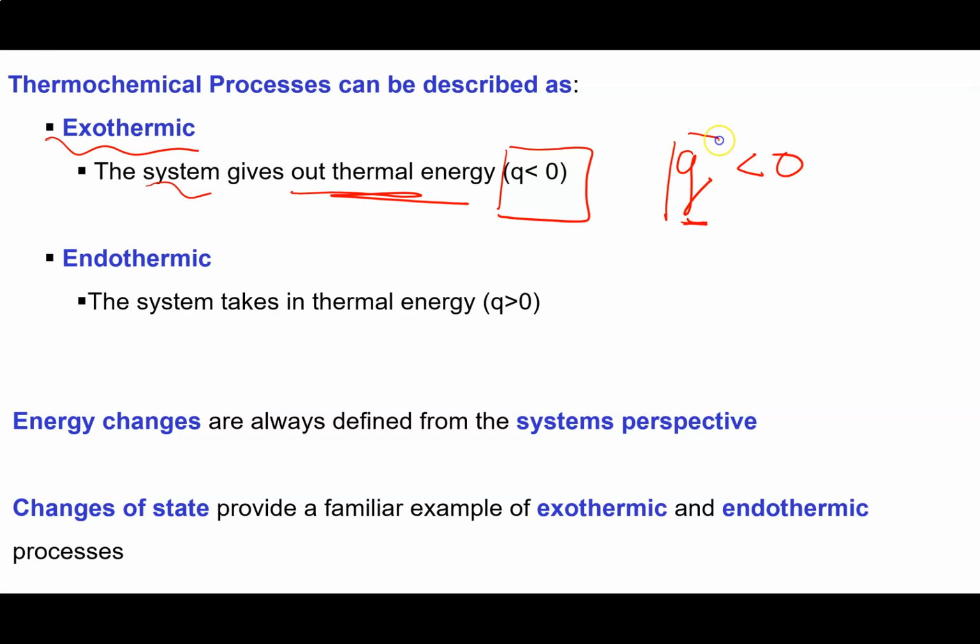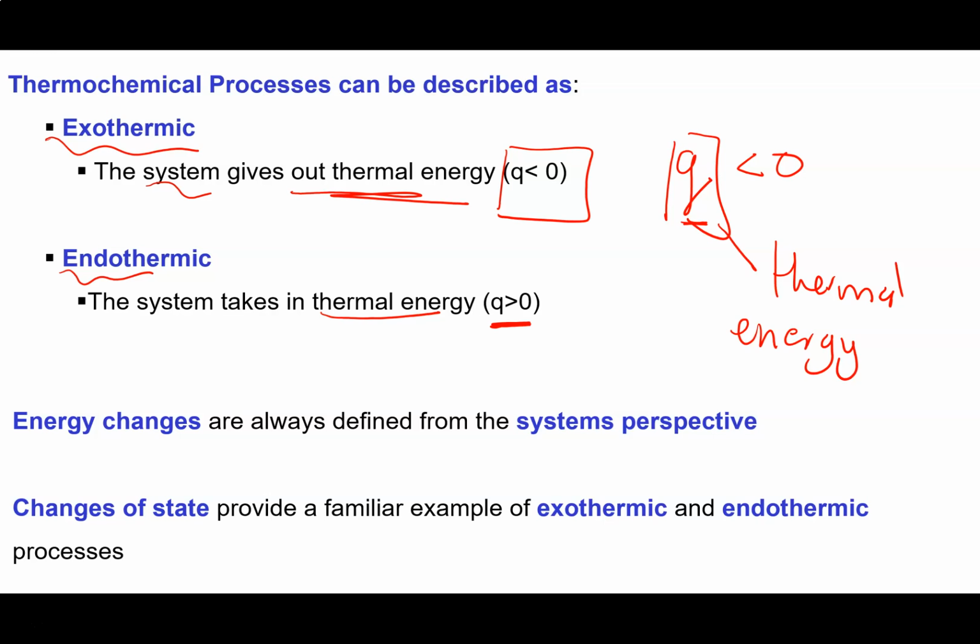We use Q to indicate the thermal energy that is transferred. If our system is losing thermal energy, then Q will be negative. Thermochemical processes can also be classified as being endothermic, and that's where the system takes in thermal energy. So there's an increase in the thermal energy, so Q will be greater than 0.